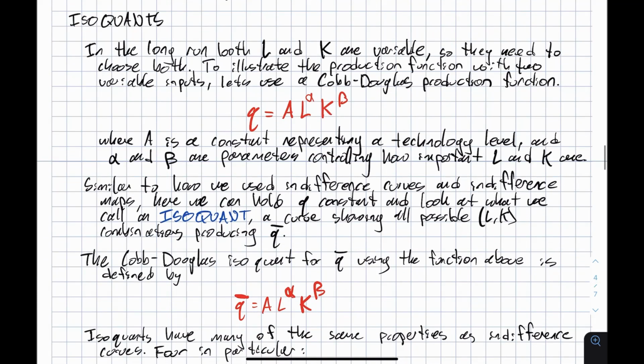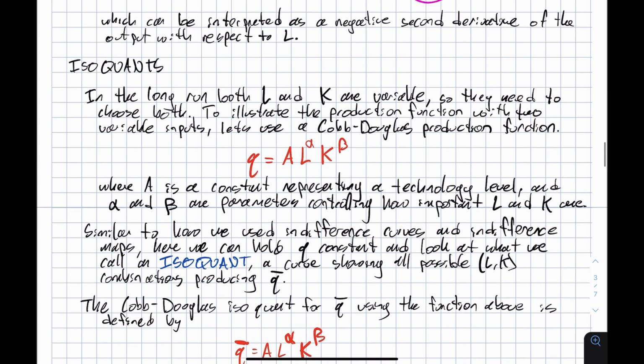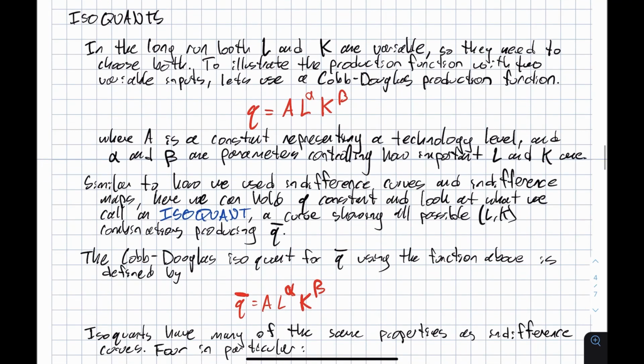Okay. So we have this production function. When we think about production functions, often we model these with a Cobb-Douglas, which you'll be familiar with from our discussion of utility curves. Isoquants are the equivalent of an indifference curve.